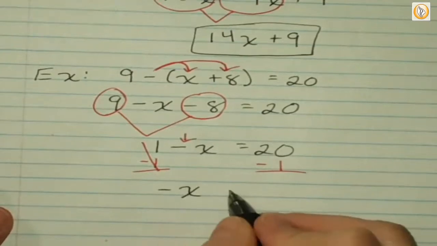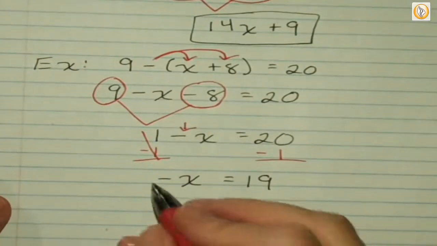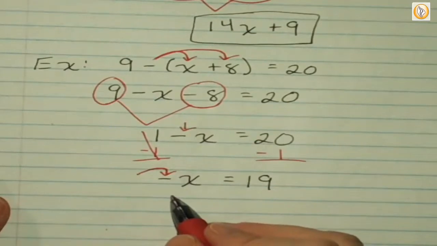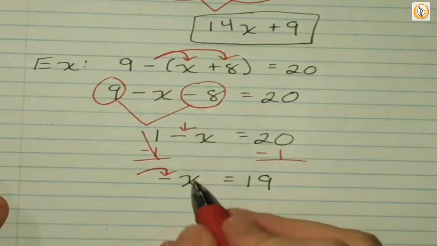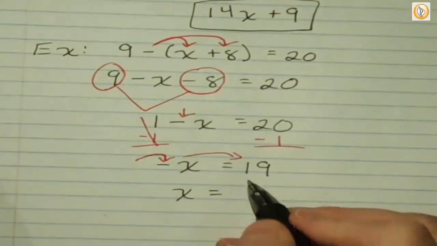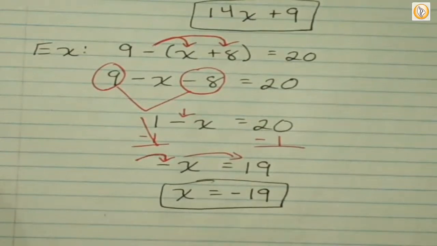That's a minus x equals 19. Can I have this negative here? No. So what do I need to do, Atalia? You move it to the other side. Yeah, you move it to the other side. So this is x. This was positive 19. Now it's negative 19. So write this down, arrows and everything, and make sure you understand this.